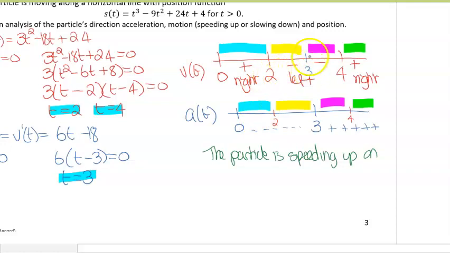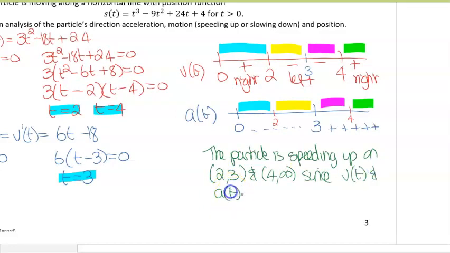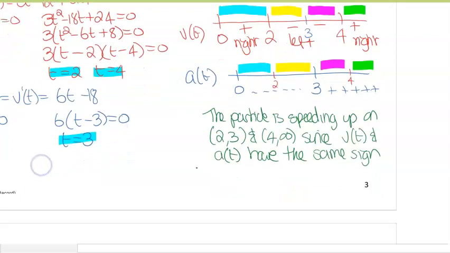So between 2 and 3, because it's negative for the velocity, negative acceleration, and 4 to infinity, since v of t and a of t have the same sign. Same sign, speeding up.